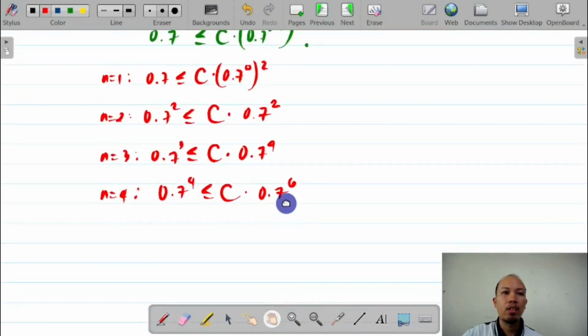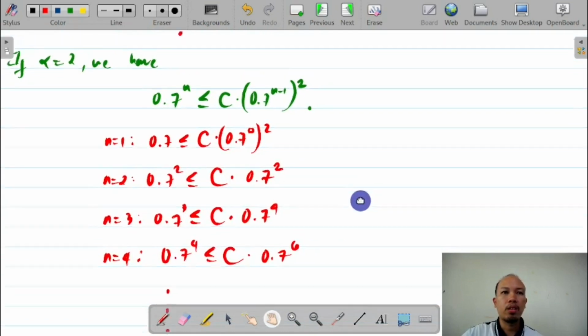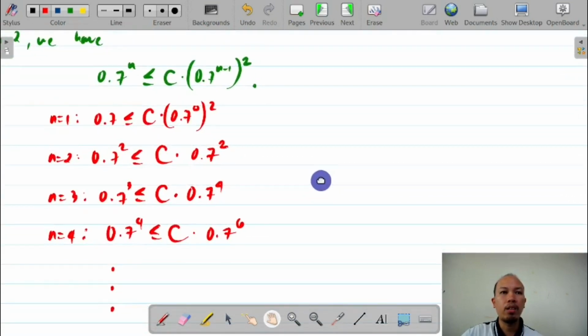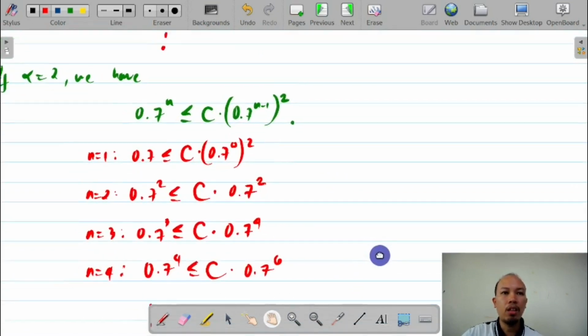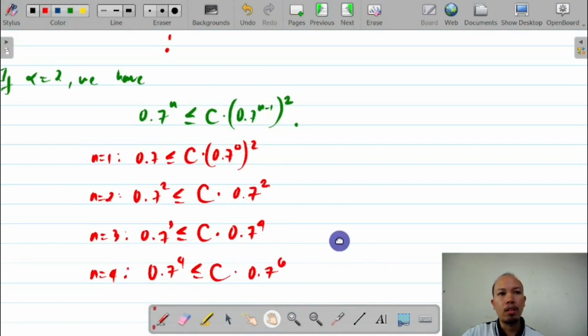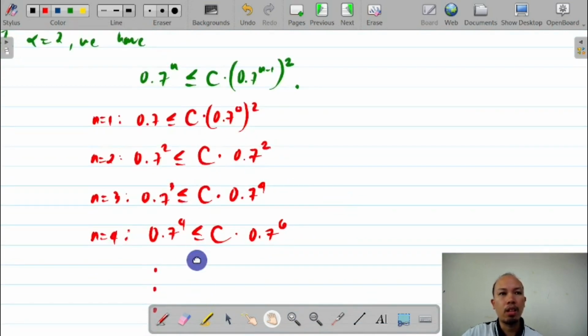As you can see, this must be true for all n. So there's no c that will satisfy all these inequalities if alpha is equal to 2.